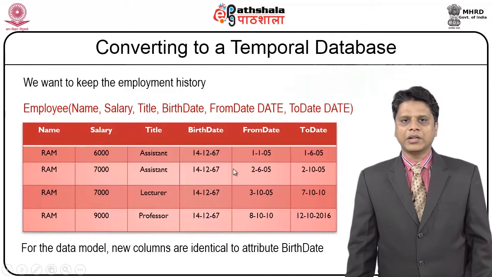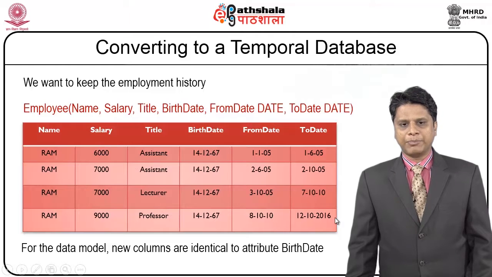Then in the next instance, Ram gets an increment of salary by 1,000 rupees, for a period of another 4 months, and the designation, the title, has been revised from assistant to lecturer. Then that has happened for some duration, and from lecturer to professor there is an increase both in the salary and in the title between a time period.